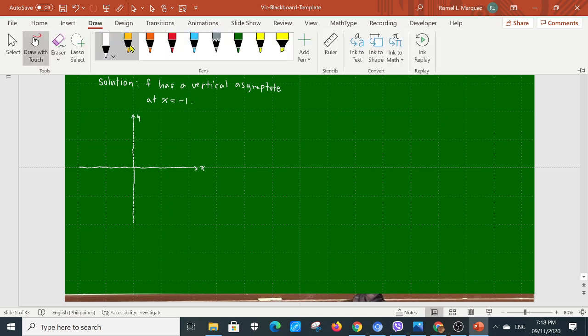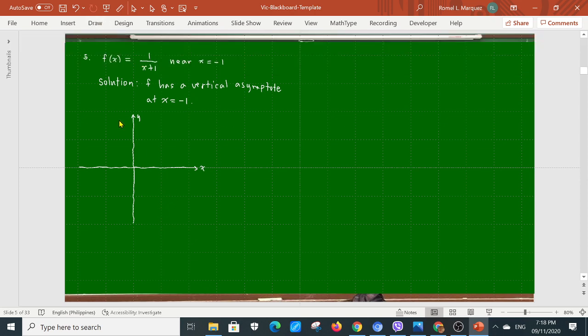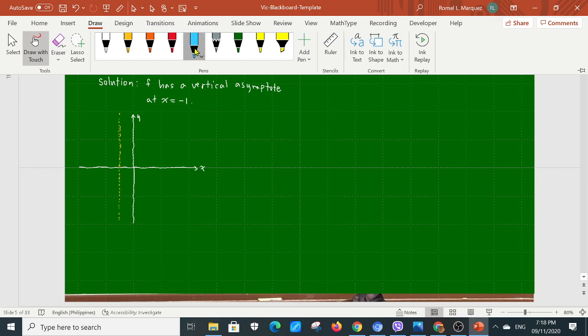Then we have a vertical asymptote, let's have this vertical asymptote when x equals negative 1. So it is a line approached by the curve, but it will not touch it. It will just get closer and closer. This is how the function behaves.